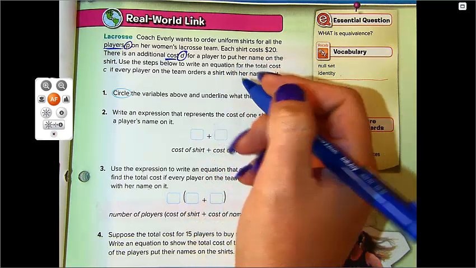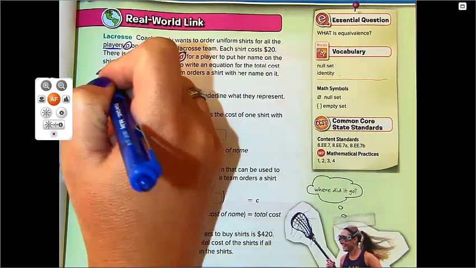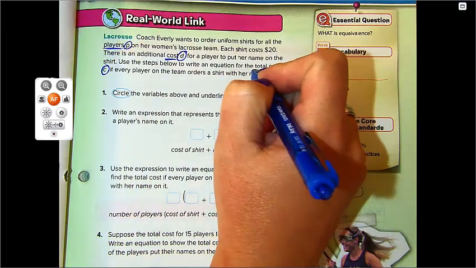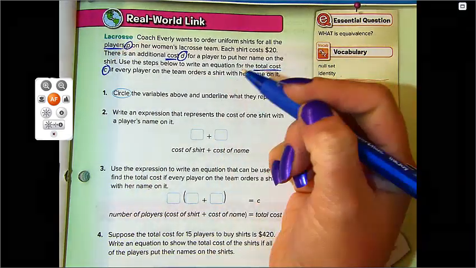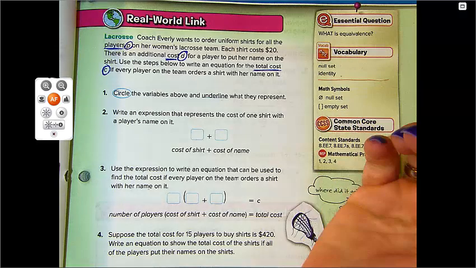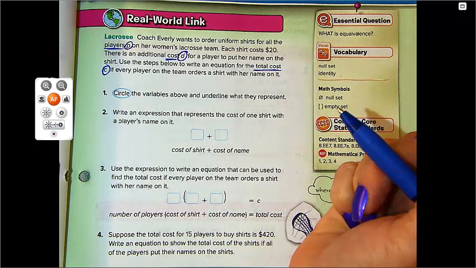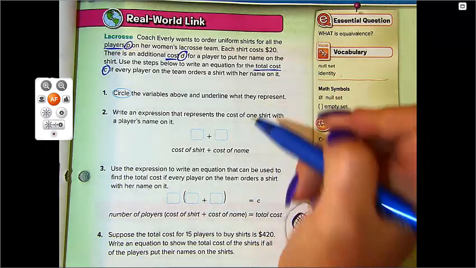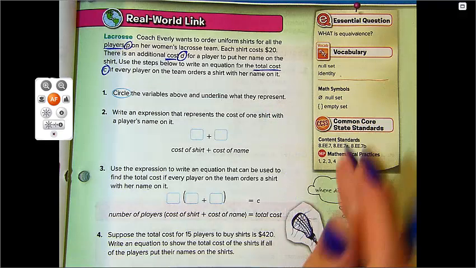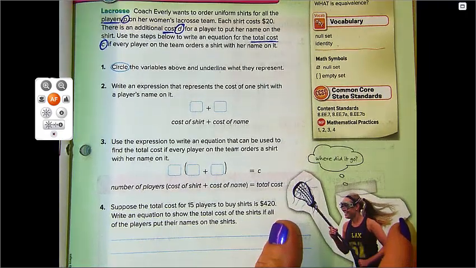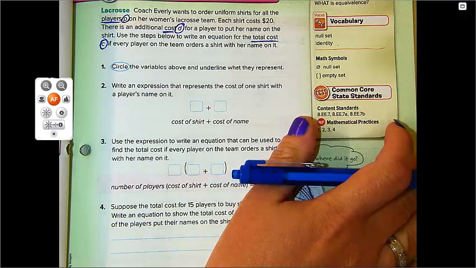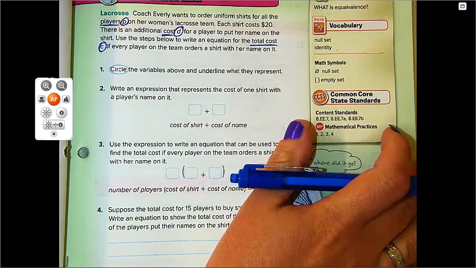Well, this is why they didn't use C, because now they are using C, and C is the total cost. So it's going to be the cost of the shirt. If they want to put their name on the back, they add that to that, and when they add them together, that gives you the total cost of the shirt. So we've done step 1. Step 2 says write an expression that represents the cost of one shirt with a player's name on it.